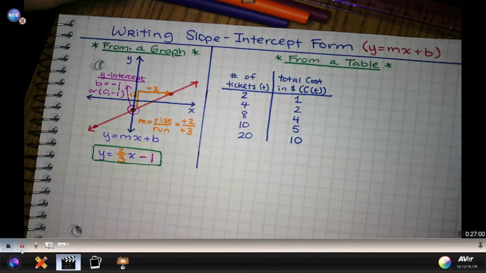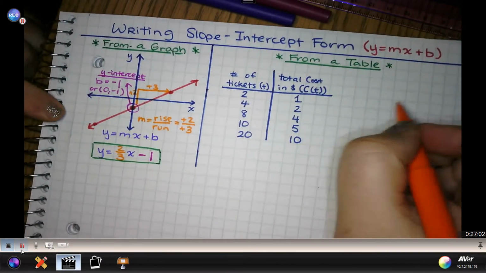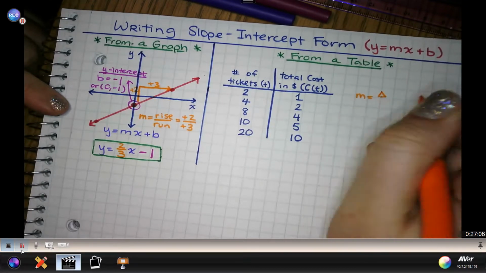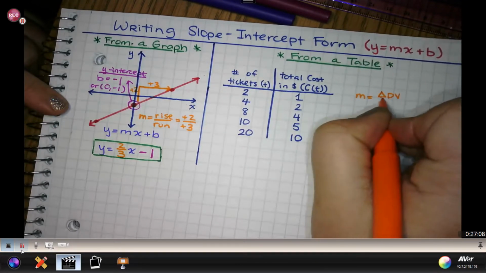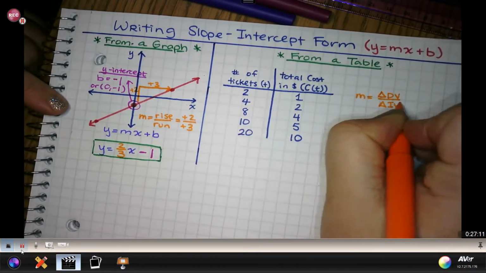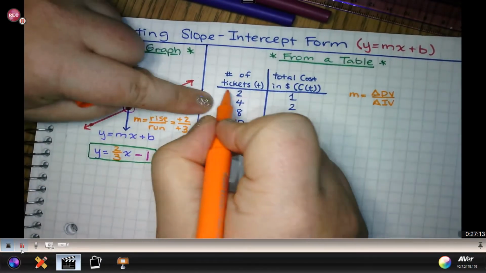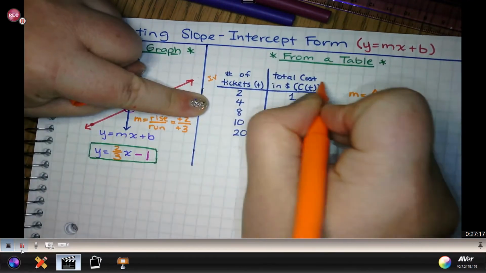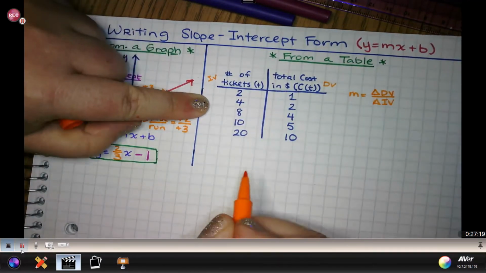So remember, slope is like rate of change, and rate of change can be found by change in the dependent variable over the change in the independent variable. Okay? Well, this side is the independent variable. This side is the dependent variable. Don't forget it.